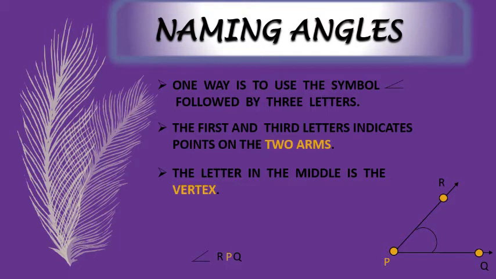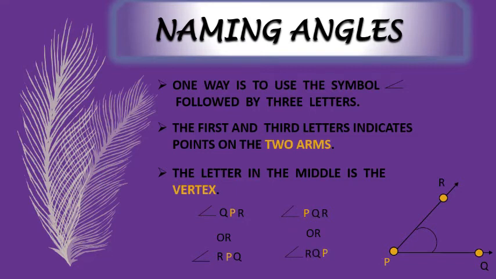Or you can name it like this also. First you have to draw the tiny angle, and at the first place you have to write Q, and at the third you have to write R, and in the middle you have to write the name of the vertex, that is P. So whether you write angle QPR or angle RPQ, both are correct. But what if you are not writing the vertex in the middle? Suppose I write angle PQR or angle RQP.